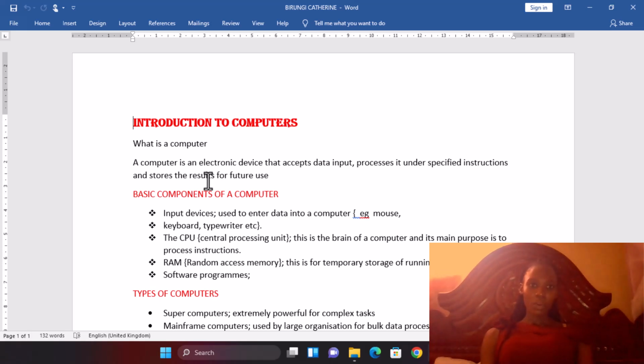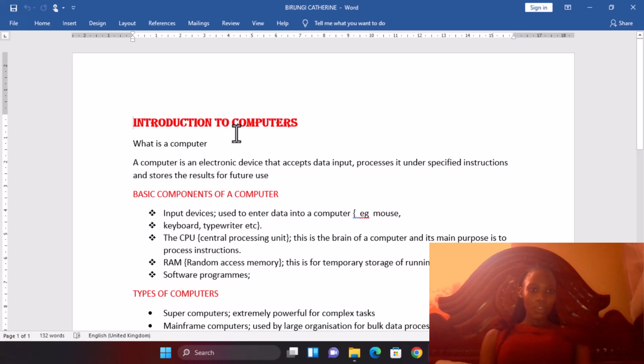Also the computer needs the brain for its proper function, and its main purpose is to process instructions. Having fed your instructions into the computer, it's the work of the CPU to process that work into the format required.